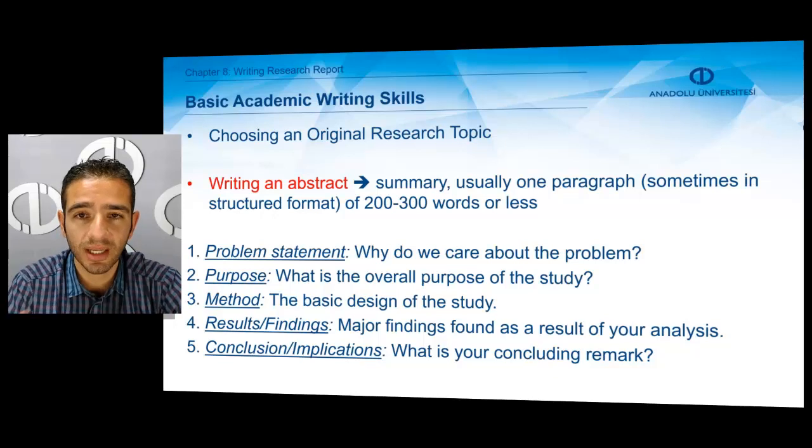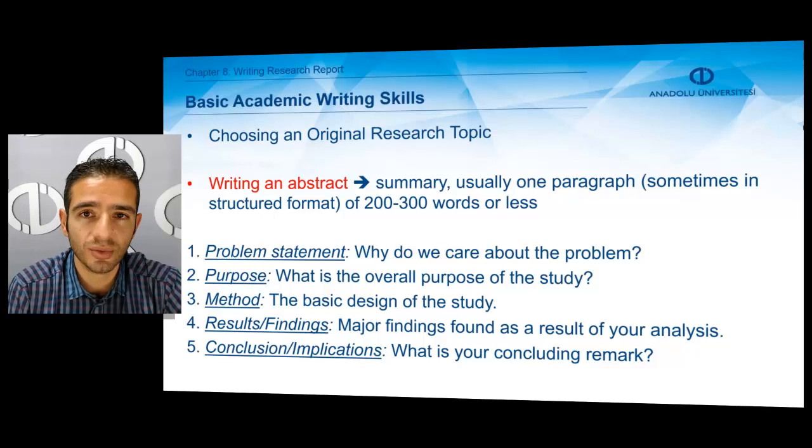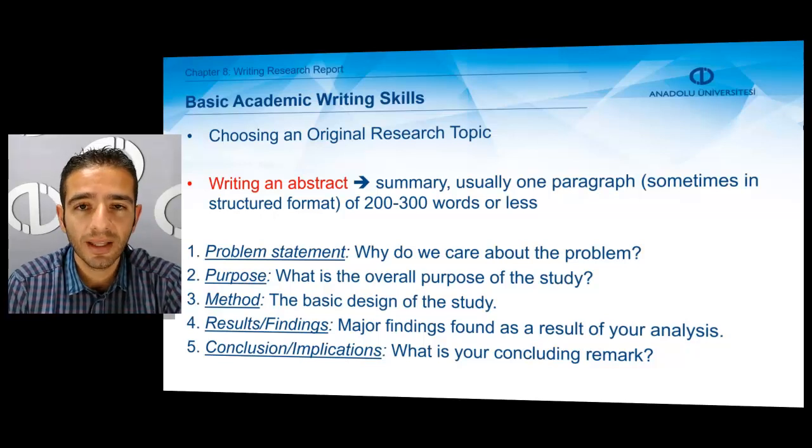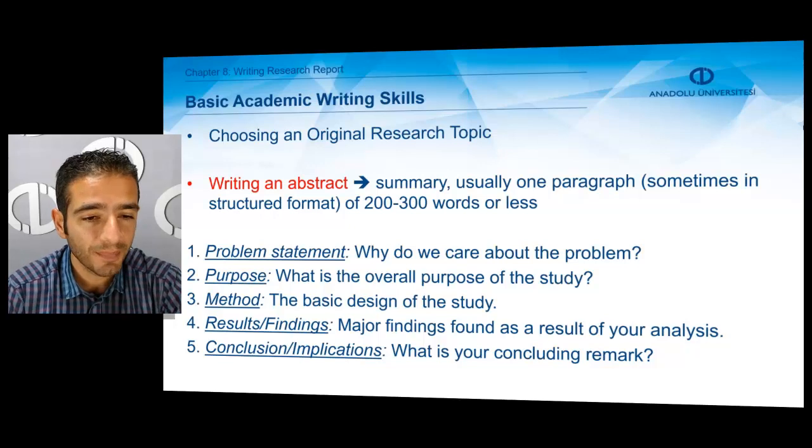It's usually a paragraph including 200 to 300 words or less, and it usually gives a summary of the research paper. And while writing an abstract, you need to focus on 5 major points.